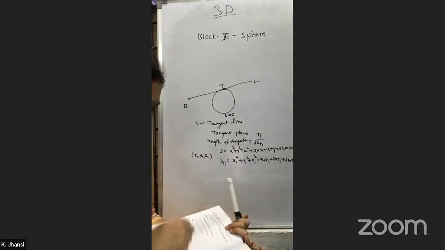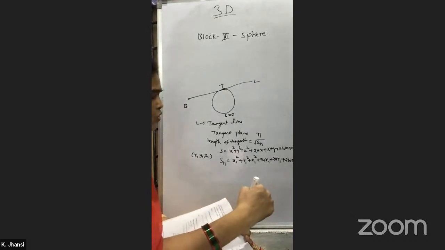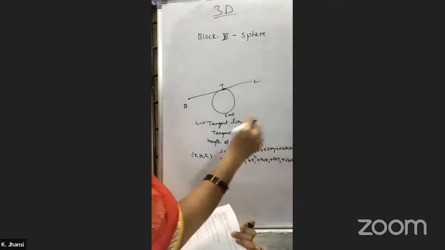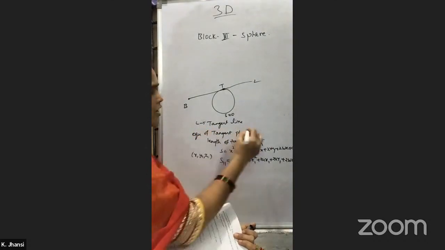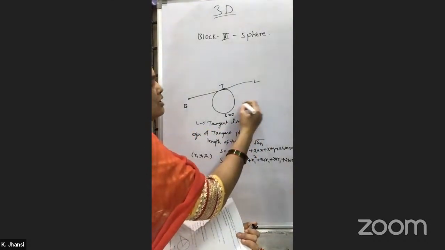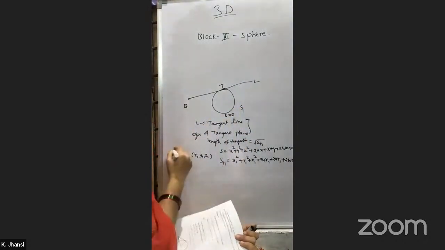This is also an important one. If we go to the tangent plane, here we have the equation of the tangent plane. The equation of the tangent plane, we can write as S1.